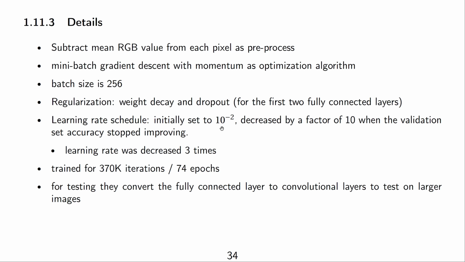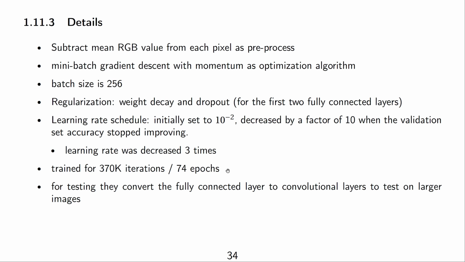The learning rate is initially set to 10 to the power of minus 2 and decreased by a factor of 10 when the validation set accuracy stopped improving. And the learning rate was decreased 3 times. So that seems to be more or less the same thing that was used before, maybe just written in a slightly different way.